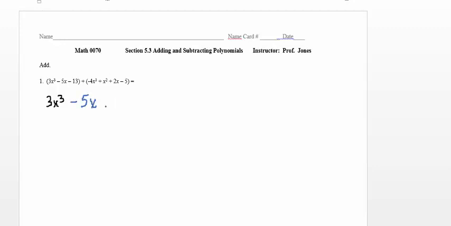I'm going to color code this polynomial. I'm going to put like terms in the same color. No changes are going to be made to each term.